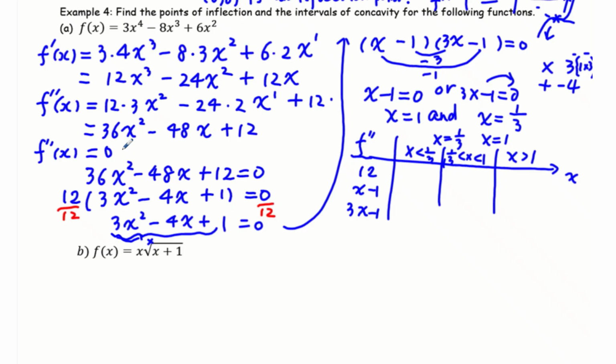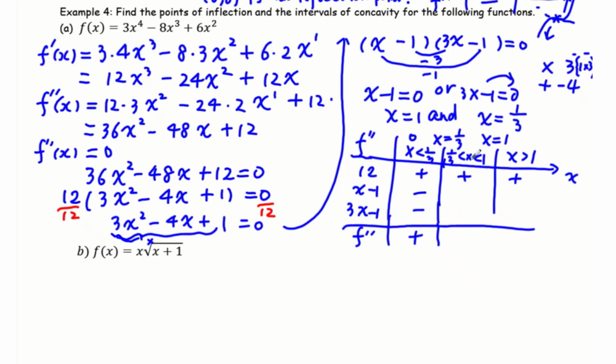For the positive 12, it doesn't matter what the x value is, it's always positive. And for x minus 1, we pick one number, 0 here. 0 minus 1 is negative, and 3 times 0 minus 1 is negative. So f double prime for this interval is two negatives multiplied, which gives positive.